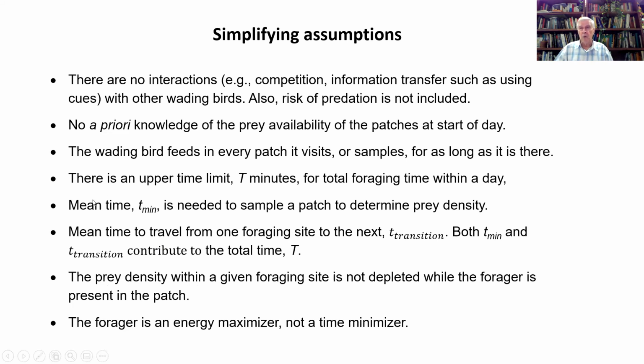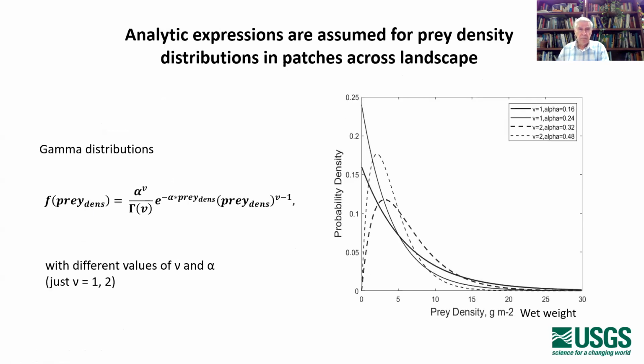So we can't say one way or the other in the course of a single day whether prey density is increasing or decreasing, even if it's being exploited by wading birds. We're also assuming that the forager is an energy maximizer, not a time minimizer. So all of these assumptions can be relaxed, but to make things simple, we're going to make these assumptions here.